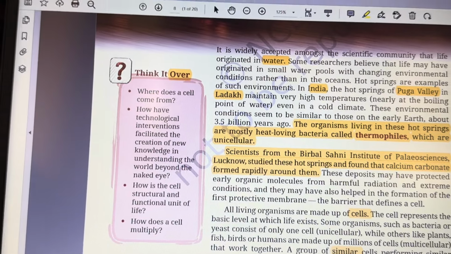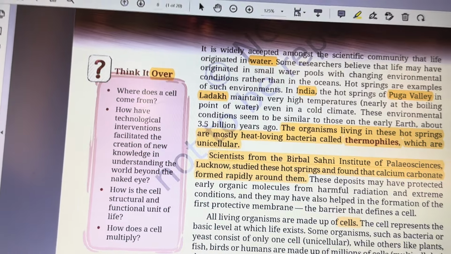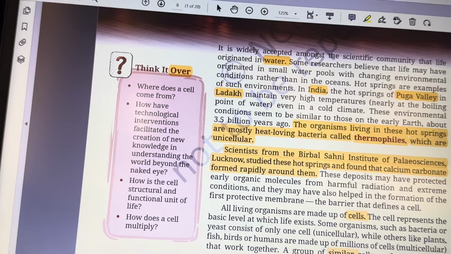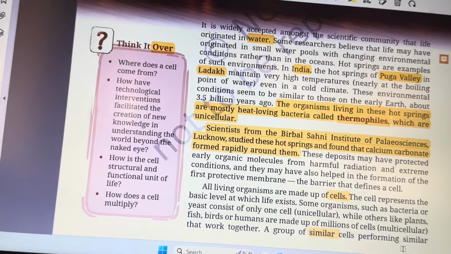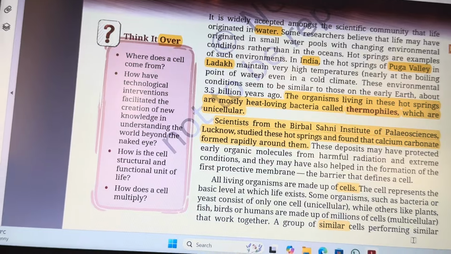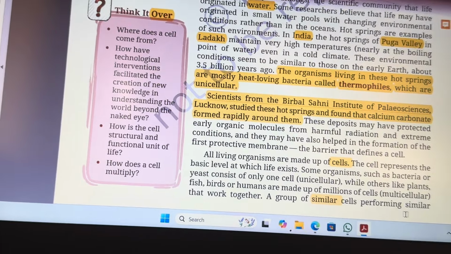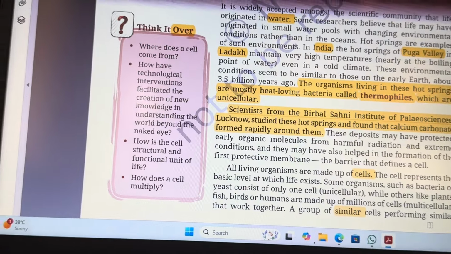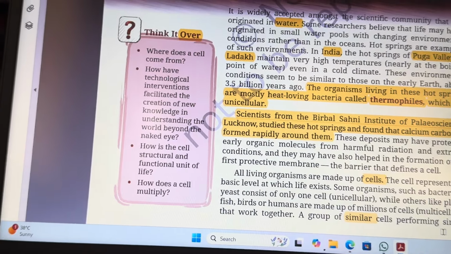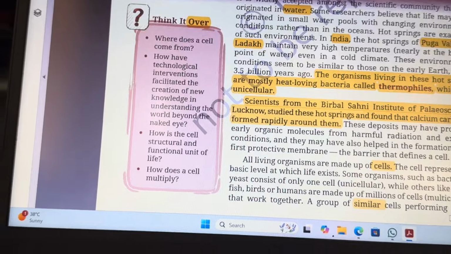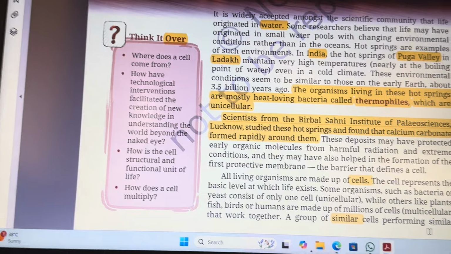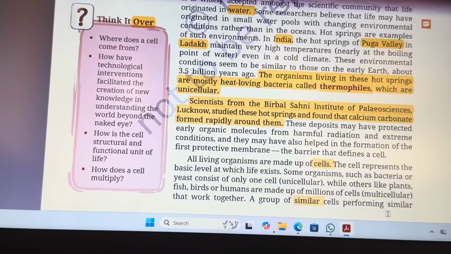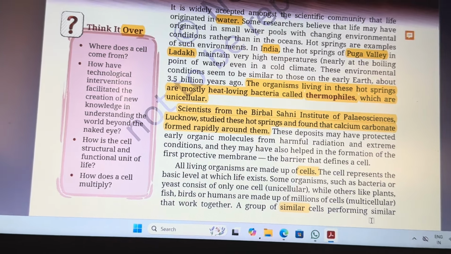Some organisms are unicellular like bacteria and yeast, made up of only one cell, and that single cell performs all the life processes, while organisms like plants, fish, birds or humans are made up of millions of cells, that's why they are multicellular.